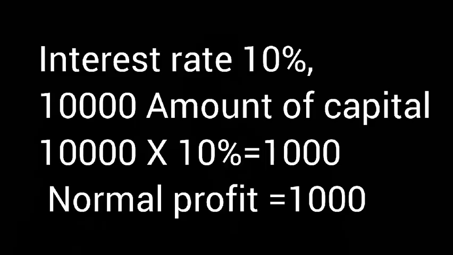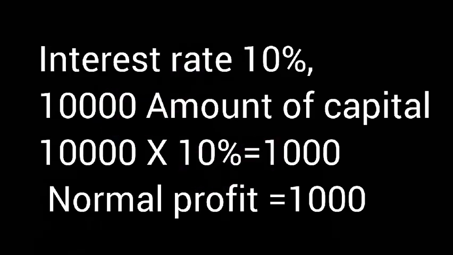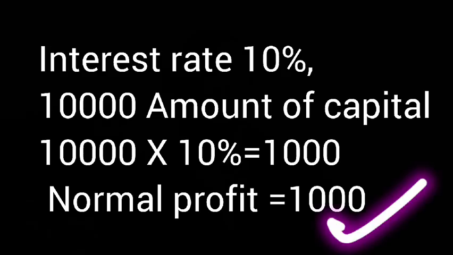Investing money in the bank, you will get interest. Maybe interest is 10% per year. So after calculating the amount of capital that you have times interest, you get the amount of profit that you will expect to get.